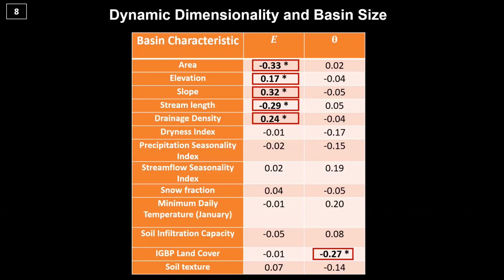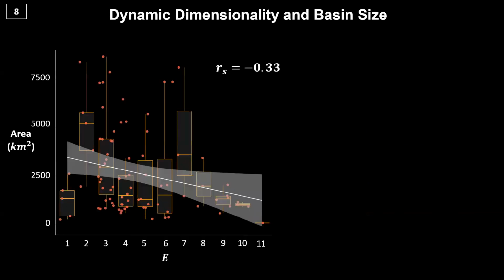So now let's look at some of these relationships in more detail. Here, this figure shows a strong inverse relationship between the number of active degrees of freedom, denoted by E in the horizontal axis, and the basin size in the vertical axis. Specifically, larger basins tend to have a lower number of active degrees of freedom.